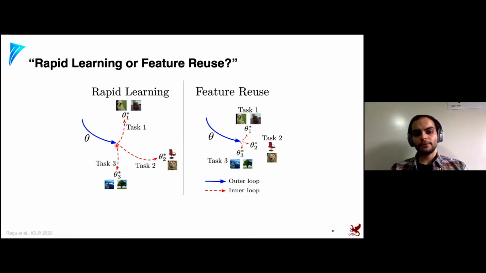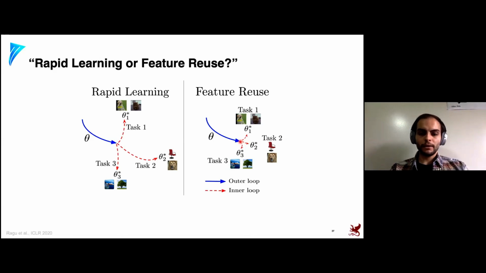But the difference between the initial parameters and the task-specific parameters is actually drastic. In the case of feature reuse, your initial parameters are already good enough, or almost good enough, to solve all these tasks, and really the bulk of the performance improvement comes from the features that you're able to learn in this multitask setting.